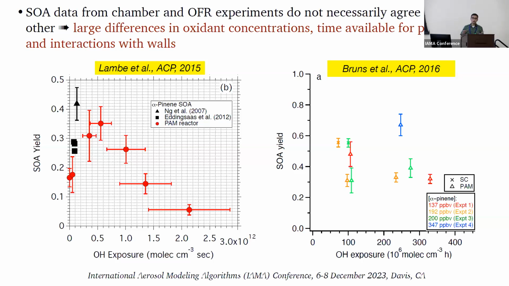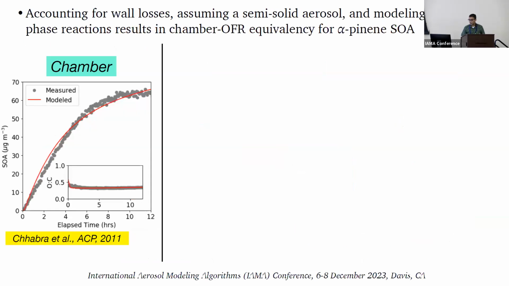And it's obvious for there to be some differences because the oxidant concentrations can vary by orders of magnitude. The time available for partitioning for the condensable vapors is quite different. And given the varying surface area to volume ratios of the chambers and OFRs, the walls may interact in unusual ways. Okay, so what do?